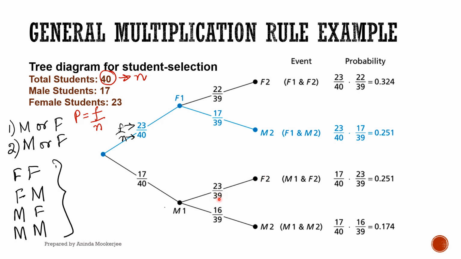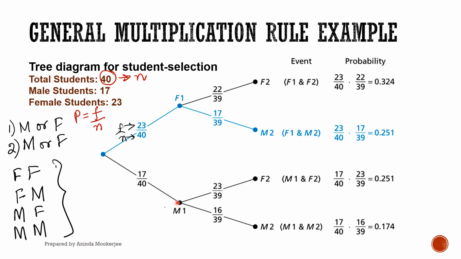My N is going to be reduced by 1, of course, 40 minus 1, because a student was already picked irrespective of their gender. But the female student pool stayed intact, correct?